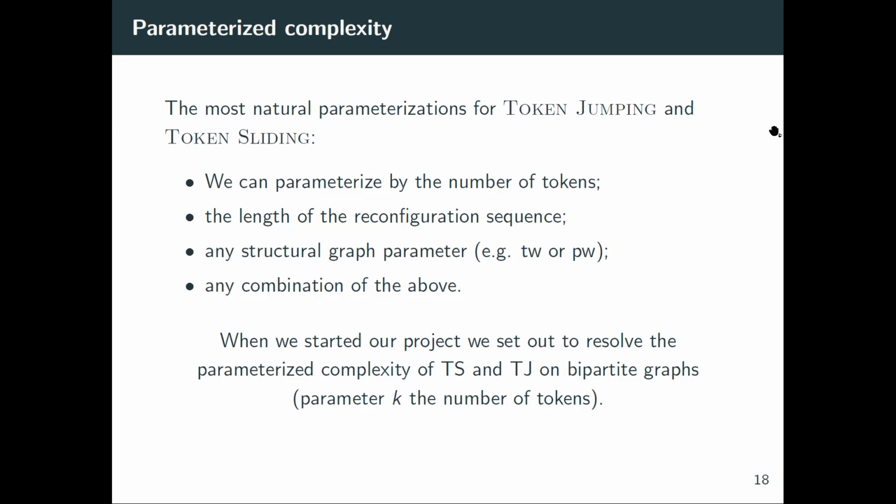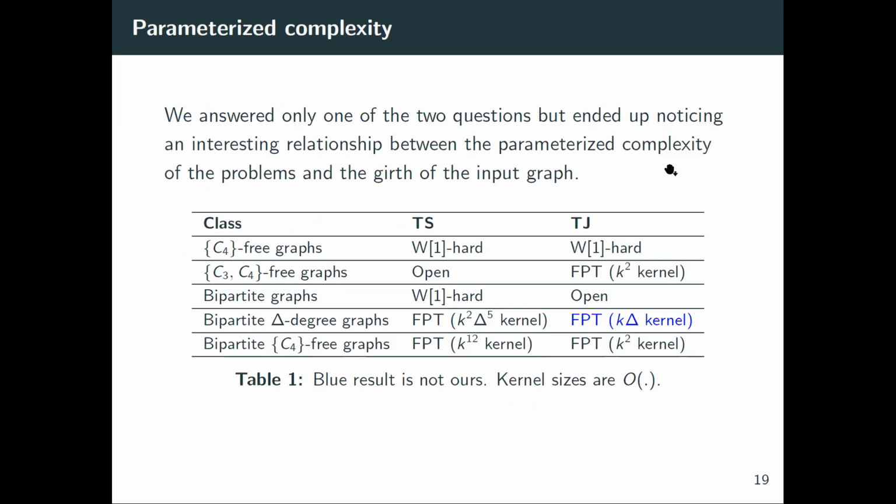Or at least that was the initial hope. That's why we started working on this project. We weren't able to answer the two questions. We were able to answer one side of the question: we showed that token sliding parameterized by the number of tokens on bipartite graphs is W1 hard. We were not able to answer the question for token jumping. That is still an open question.